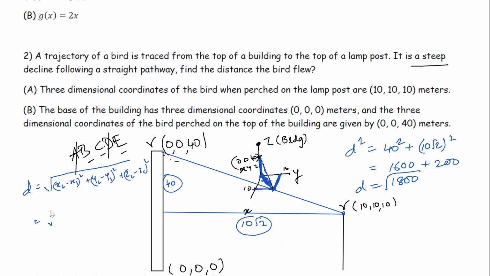So out here, let's say this is x2, y2, z2, and this is x1, y1, z1. So x2 minus x1, the whole square is 100. 0 minus 10, the whole square is also 100. And 40 minus 10, the whole square is 900. So we get root of 1100 as the answer.